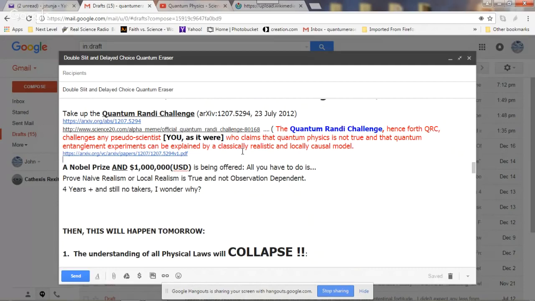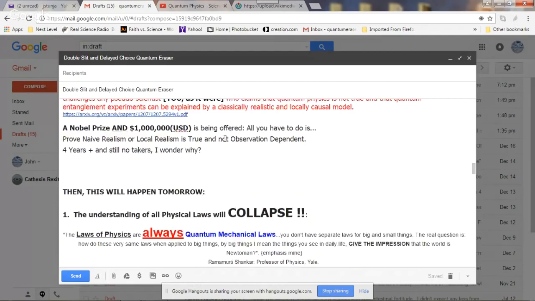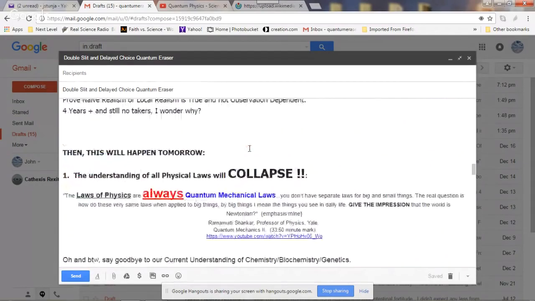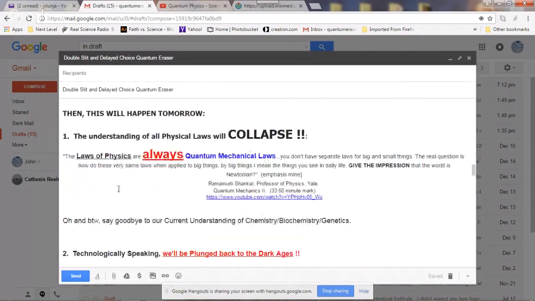That's why. But if you do this, then this will happen. If you do this today, debunk quantum mechanics, then this will happen tomorrow. The understanding of all physical laws will collapse. Like Professor Shankar, the chair of physics at Yale, says, the laws of physics are always quantum mechanical laws. You don't have separate laws for big and small things.